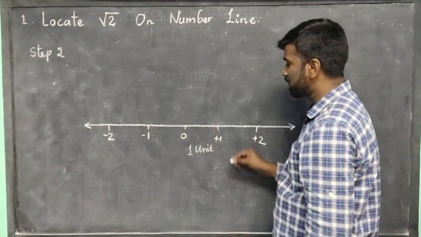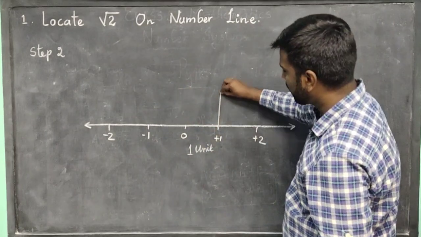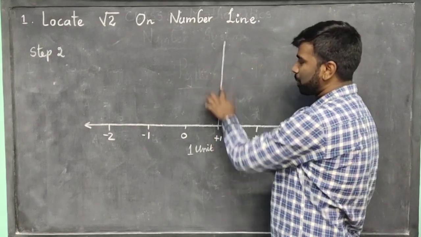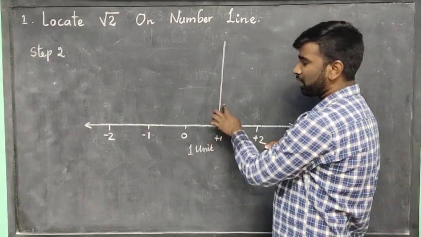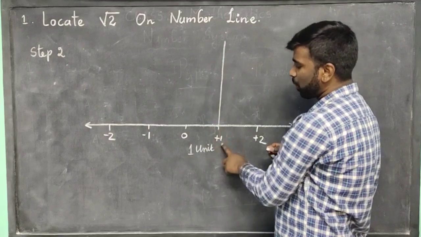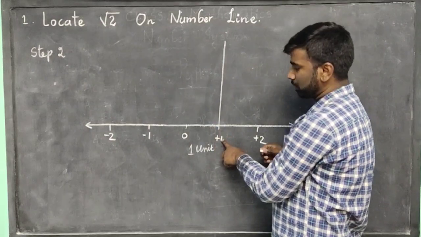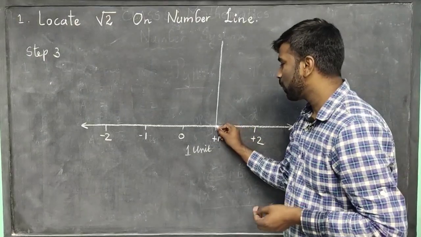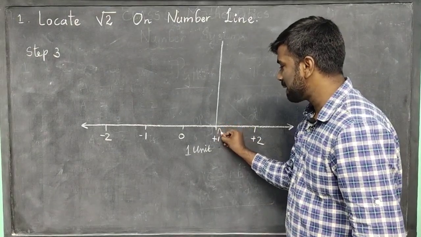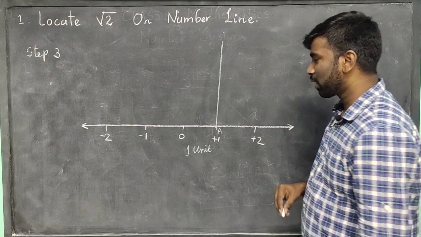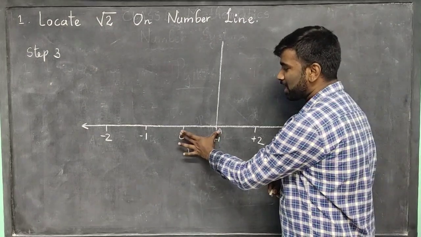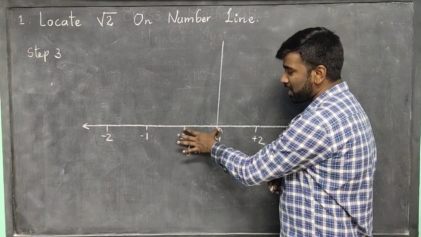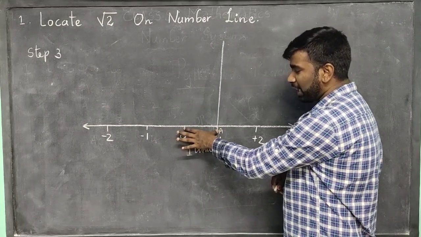Now step 2 is to draw a perpendicular line at the point plus 1, using a protractor or a 90-degree line. Now I'll mark this point as A. Using the compass, measure OA.